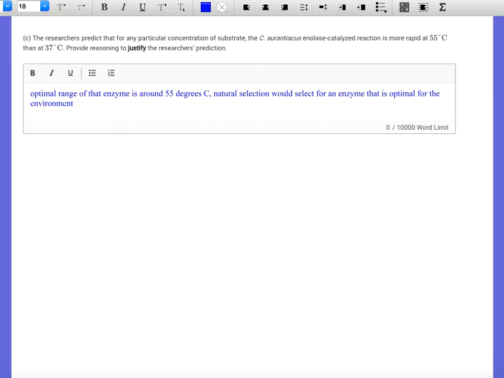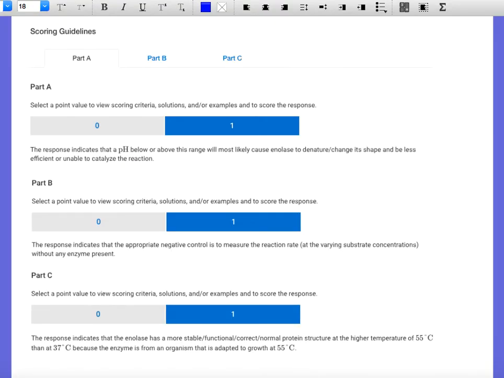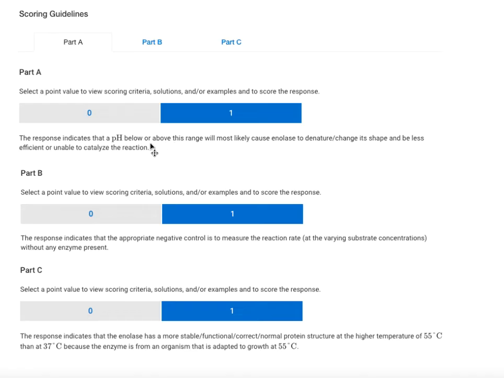Okay, so let's see what they were looking for. pH above or below this range, analyze to denature, change the shape, less efficient, unable to catalyze the reaction. Okay, so check there. The response indicates that the appropriate negative control is to measure the reaction rate without any enzyme present, right?